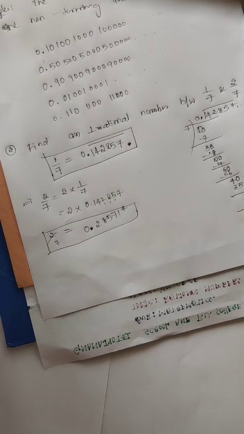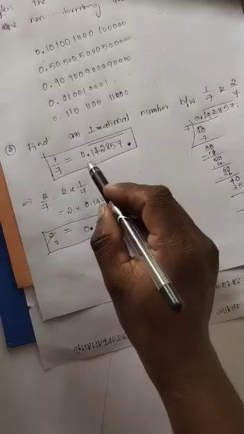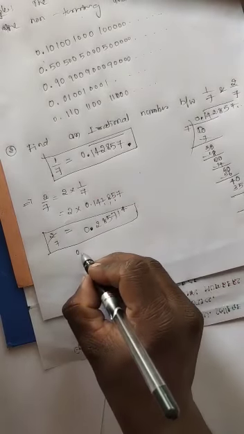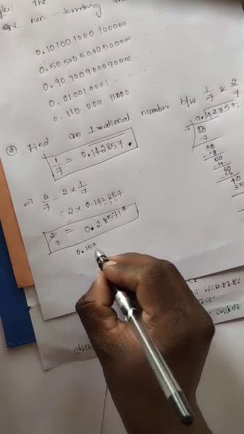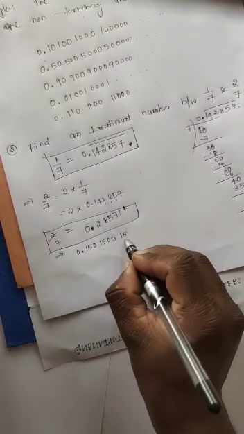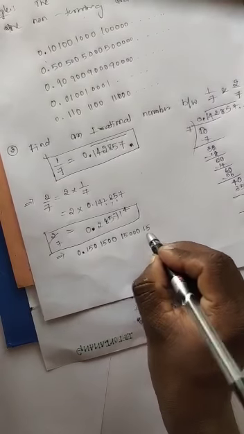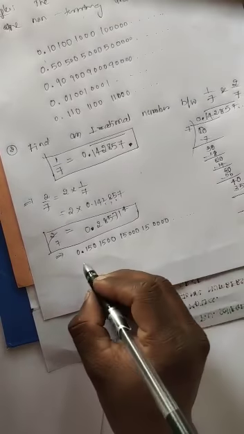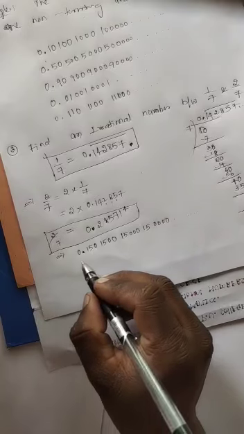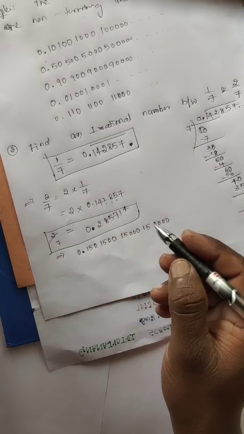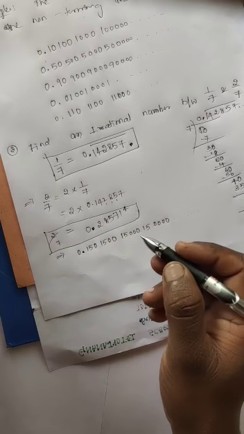An example of such a number is 0.15015001500015 etc., and we know that there are infinitely many numbers between any two given rational numbers.